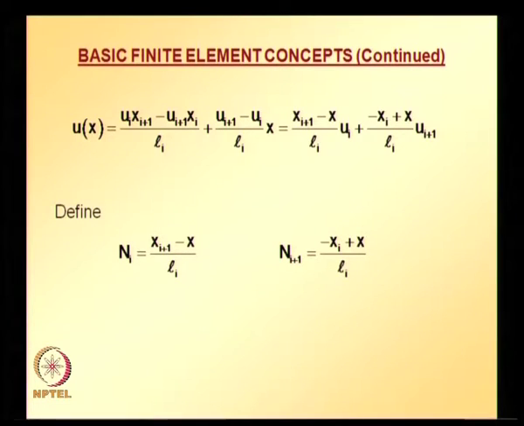This Ni and Ni plus 1 are called shape functions or interpolation functions, and this is one way of deriving shape function expressions, but the other simple way of deriving these shape function expressions is known as the Lagrange interpolation technique.